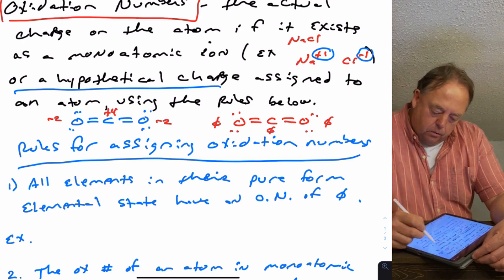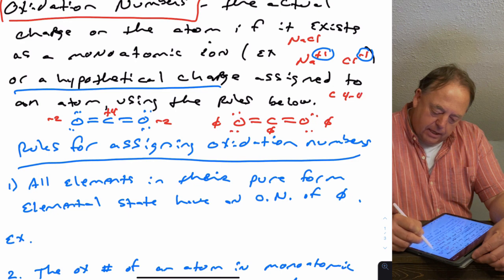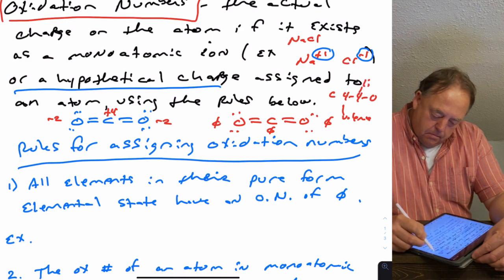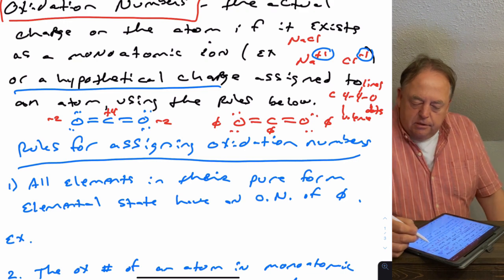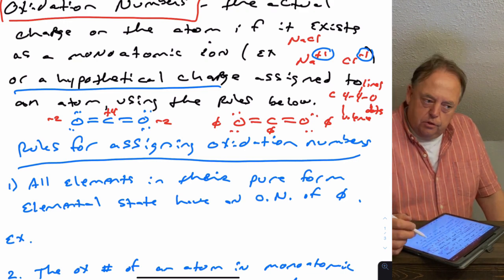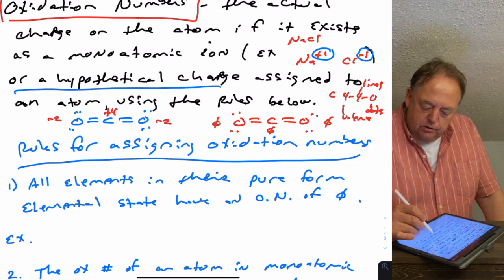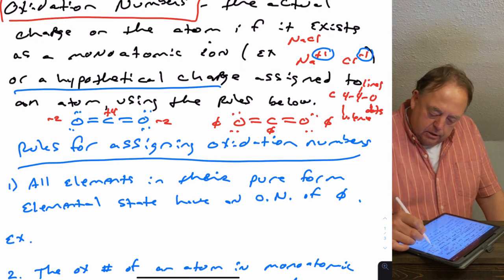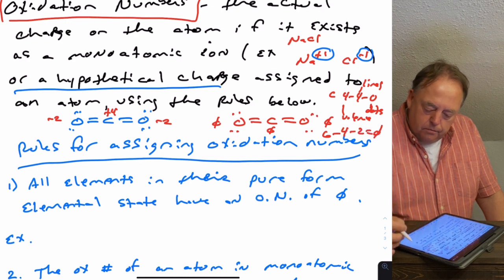If you remember how to do formal charge, for carbon it's 4 valence minus 4 bonds minus 0 non-bonded electrons, so 0. For oxygen, it's 6 valence minus 4 dots minus 2 lines, which is 0.